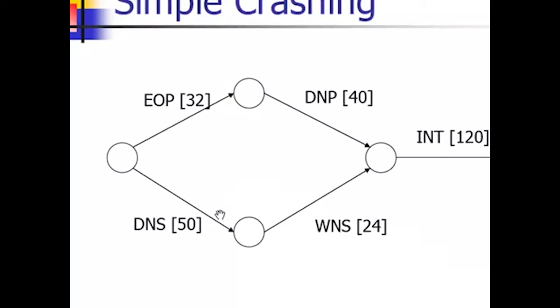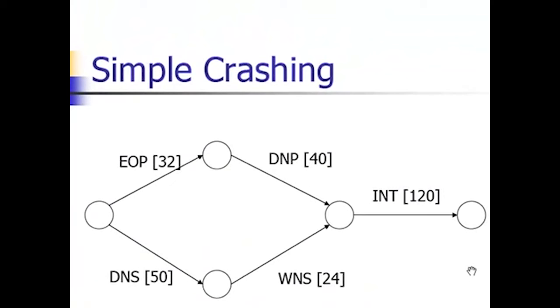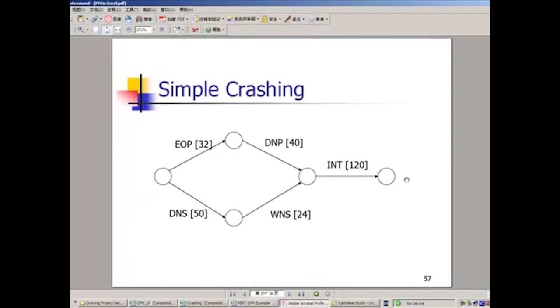So this is the AOA network for this example. Based on this network, we see that the critical path is DNS, WNS, and INT.